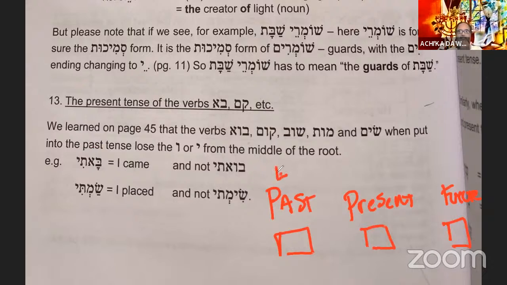Okay. So this is the end, in the past. This is what's going on right now. And the future is, will be. It's in the front. It's right in front of you. See? So past, present, future. And so since this ti right here is added to ba, that means I came. It's the end of the story.